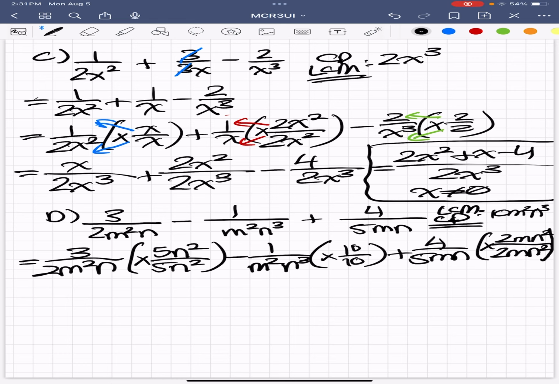So it's missing from 5mn. We need to multiply it by 2 to get the common denominator of 10. M times m equals m to the power of 2. Then n times n to the power of 2 is n to the power of 3.